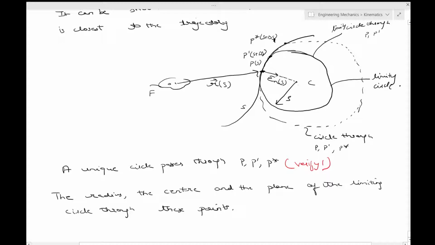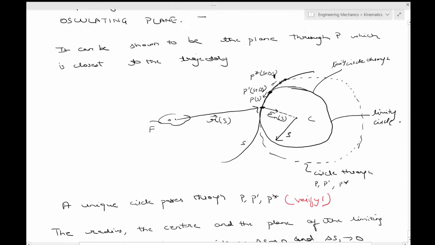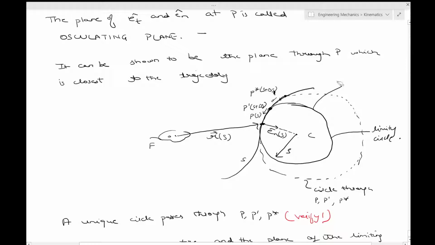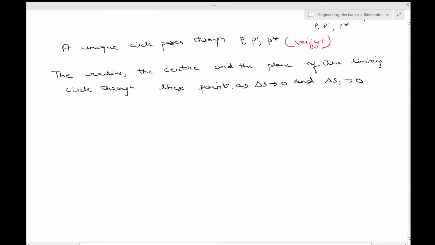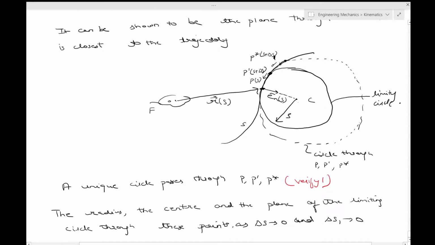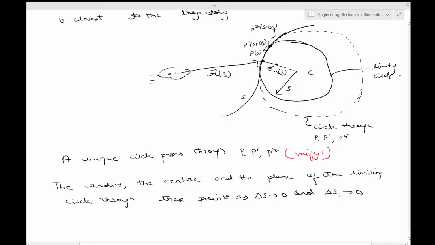The radius, the center and the plane of the circle through these points as delta S tends to 0 and delta S1 tends to 0. So this point is being brought close, this point is also being brought close, and so on. Let me remove this statement, I think it is not conveying what we want to convey. The limiting circle is in this solid ink.